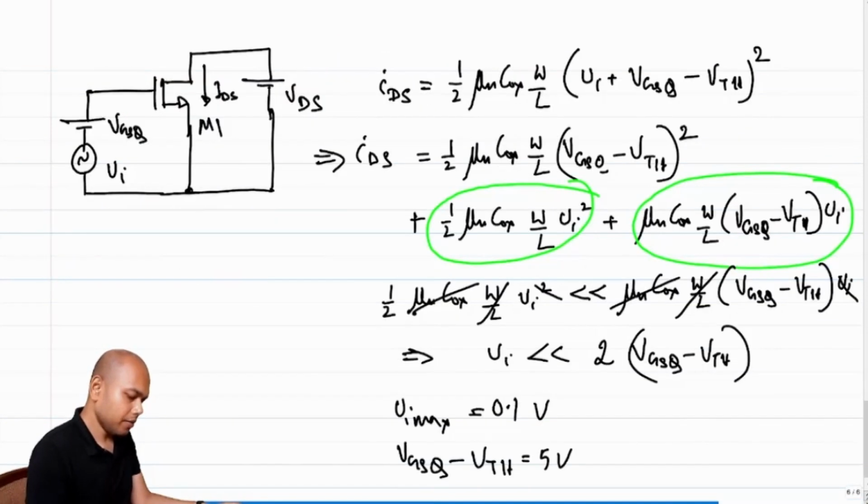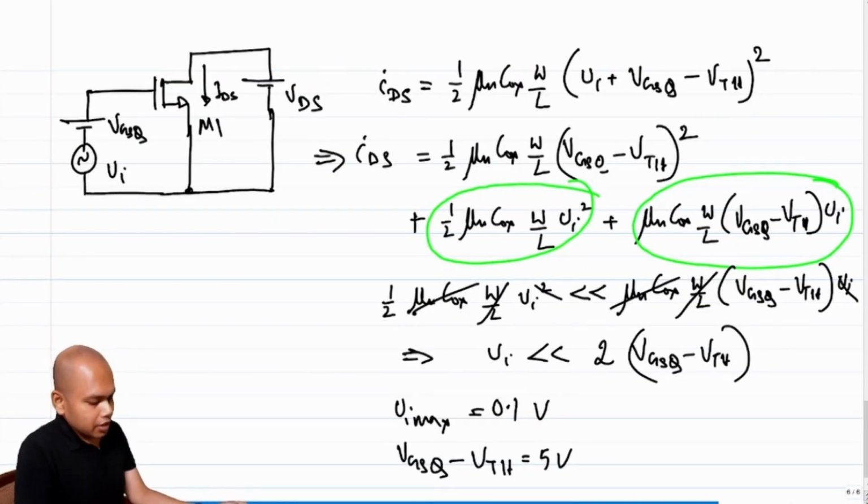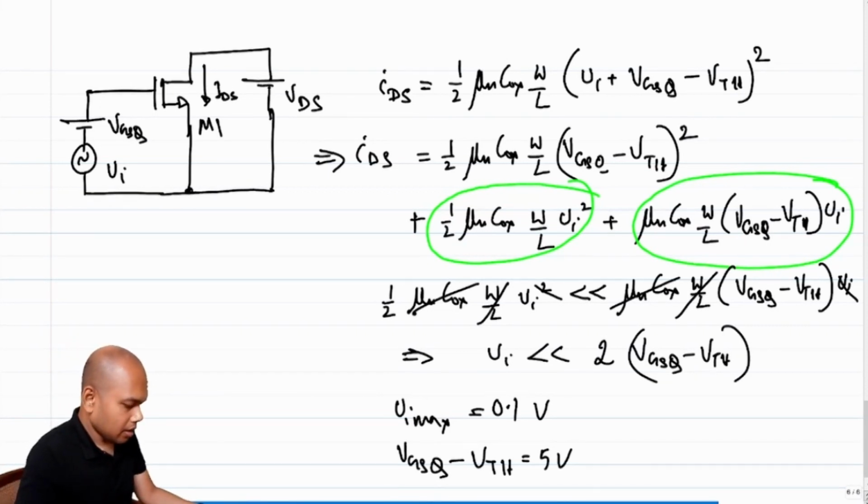Then we essentially said that we need to first validate whether the small signal approximation that we have been so liberally using in case of a MOSFET is actually valid or not.